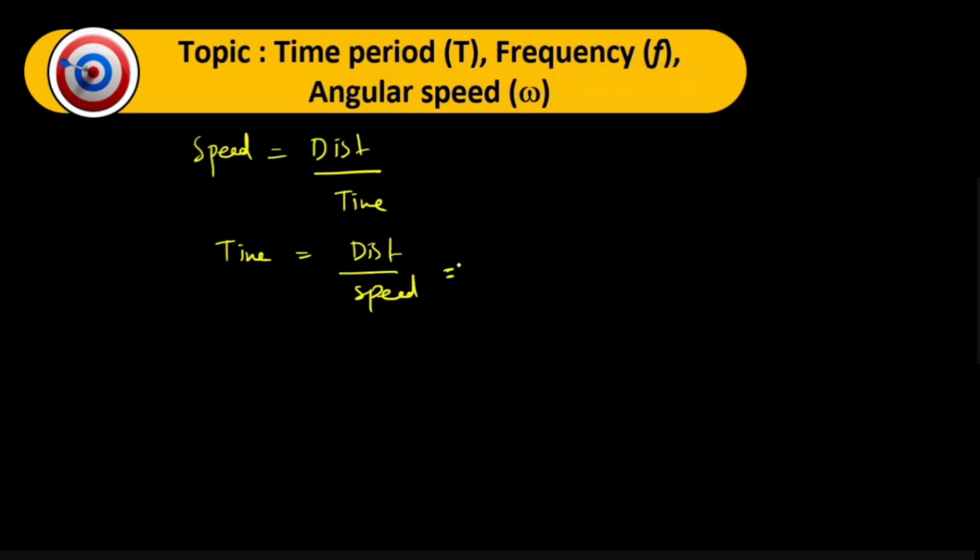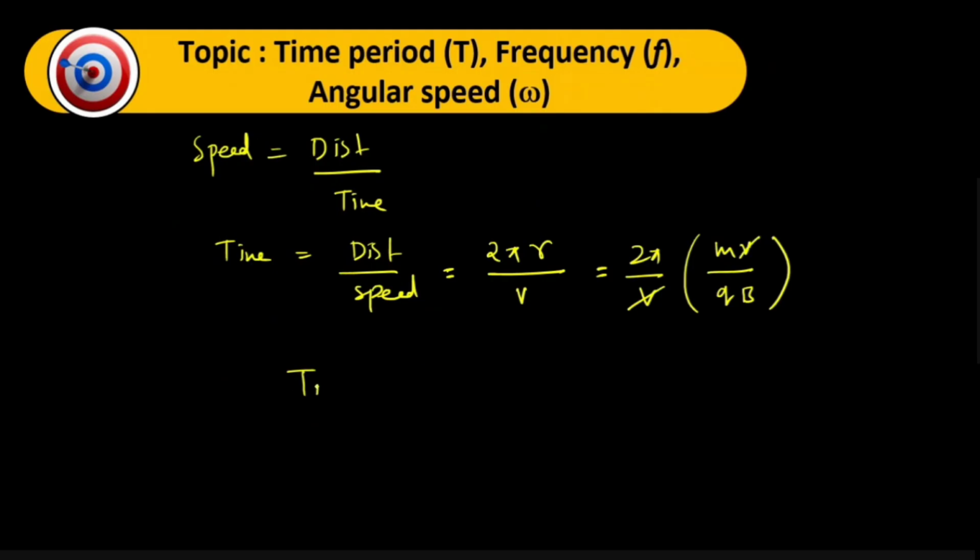The distance the charged particle covers in the circular path is 2 pi r, velocity is v, and we have already seen that the radius is mv by qB. Once we substitute it in place of the radius and solve, we get the time period of the charged particle entering perpendicular to the field as 2 pi m by qB.